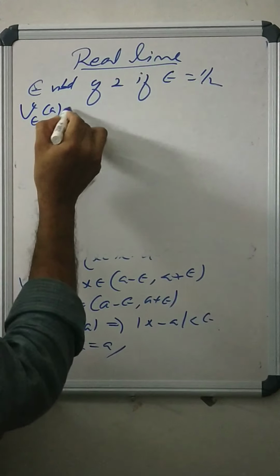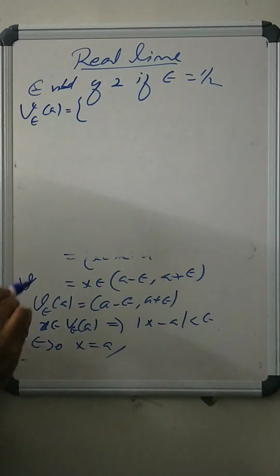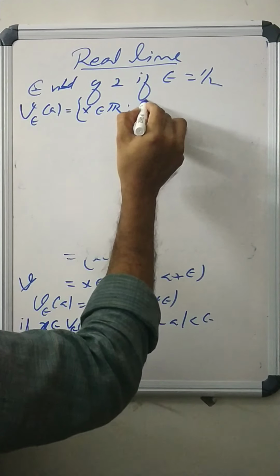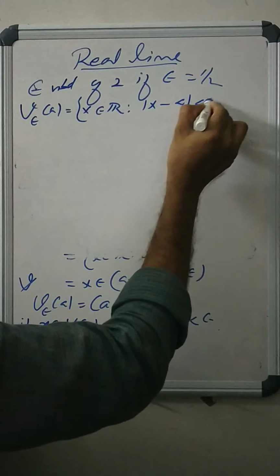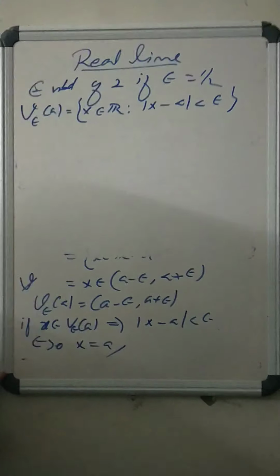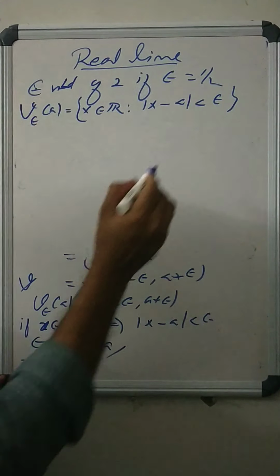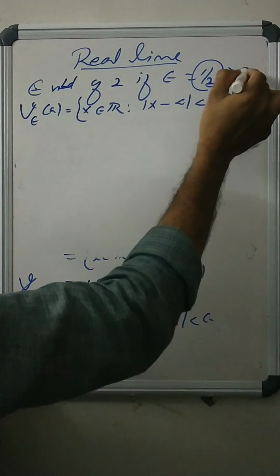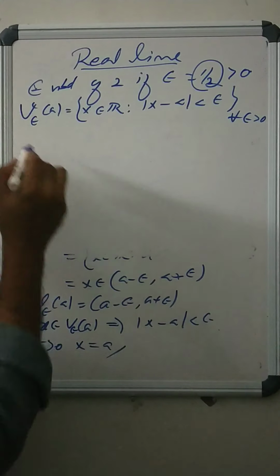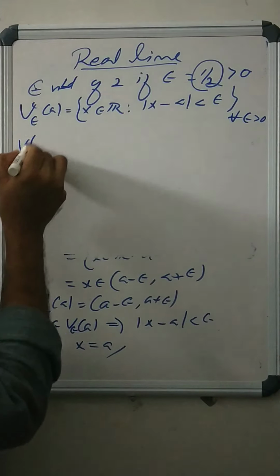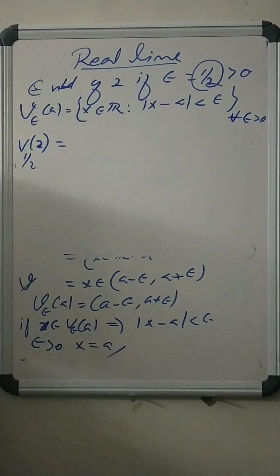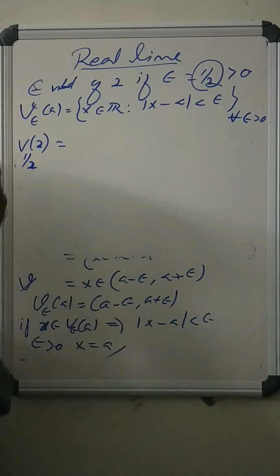V epsilon A equals the set of all x belonging to R such that modulus of x minus A is strictly less than epsilon, for all positive epsilon. Here epsilon equals 1 by 2, which is a positive quantity. So V 1 by 2 of 2 is the requirement.